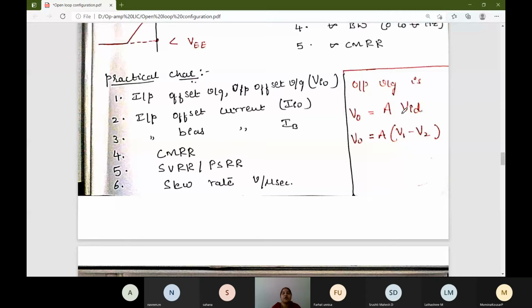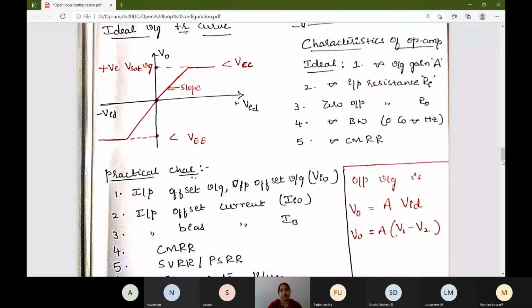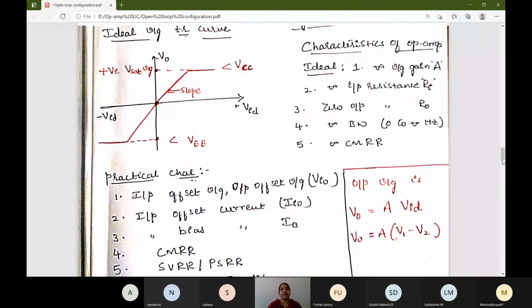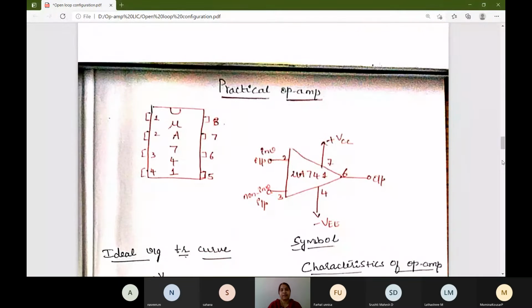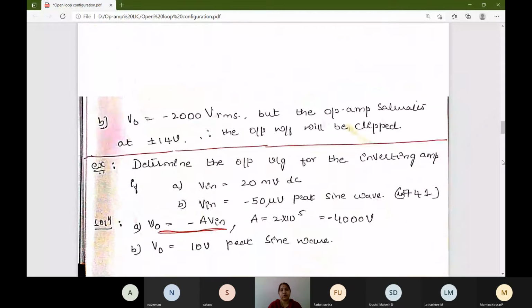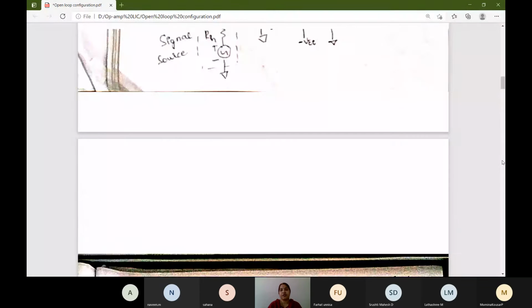And the important output voltage equation for open loop configuration is V0 equals A into VID. A is the gain of the amplifier, and VID is the difference between the two input voltages, V1 and V2. So these were the topics that we covered last class. You should know the ideal characteristics, the practical characteristics, the transfer curve, and the schematic symbol also.